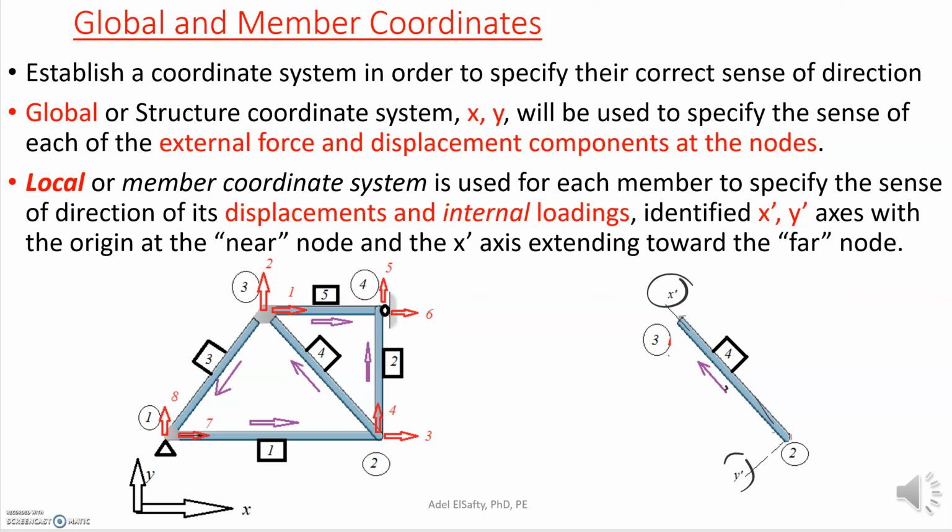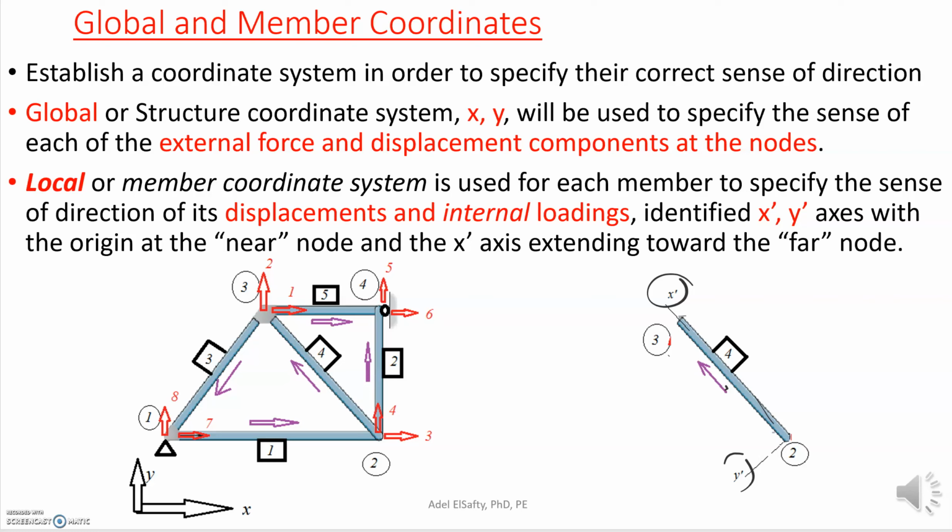The global or structure coordinate system will be used to specify the sense of each of the external forces and displacement components at the nodes, meaning that when you did the local coordinate system, you found displacements and forces. When you assemble them in the whole entire structure, you will be able to identify the total external displacements and external forces.